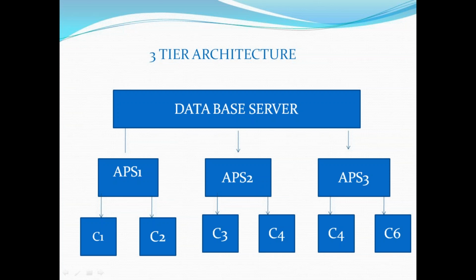Suppose I have only application server 1, what will happen? Every employee in the client place will access application server 1, so the processing load will be very high on that particular server, and we'll waste time getting the information. So it is better to have an optimum number of application servers. How many depends on the capacity of the organization.